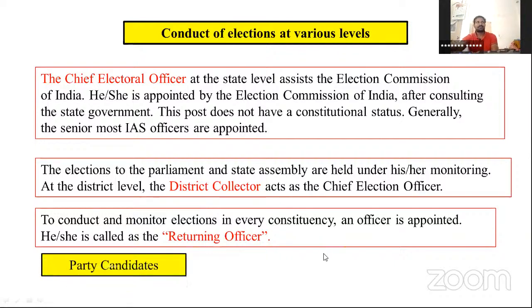Next, see this: party candidates and independent candidates. The Election Commission's administrative functions we have discussed already: notification is released, then nominations are received, scrutinized, and withdrawn. Finally, the list of candidates is declared. Then symbols are allotted to the party candidates, who give the party symbols to the Election Commission.